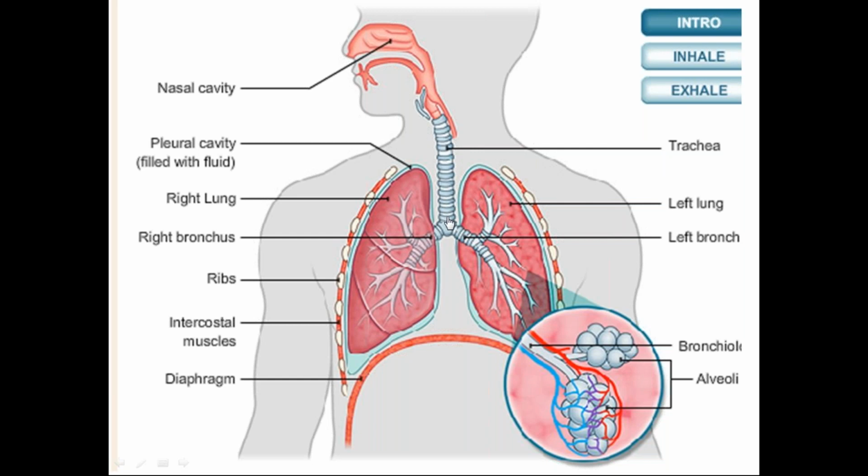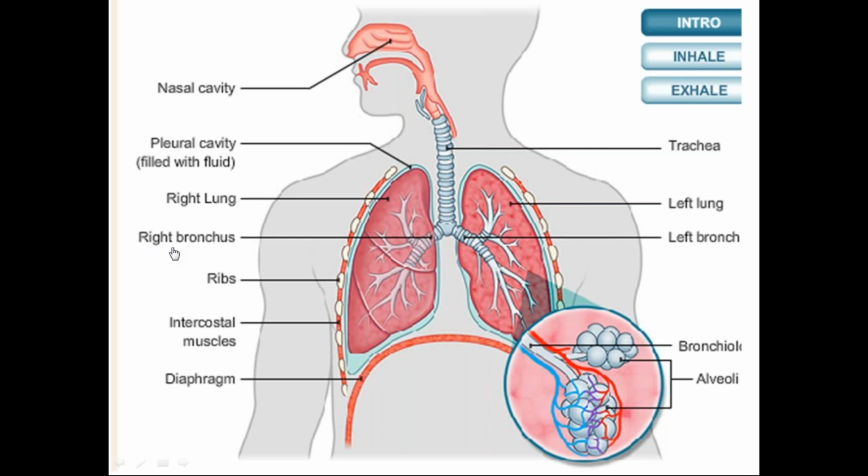When the windpipe reaches the lungs, it branches into a right side and a left side, because the air needs to go to your right lung and left lung. These two branches that come from the trachea are known as bronchus.